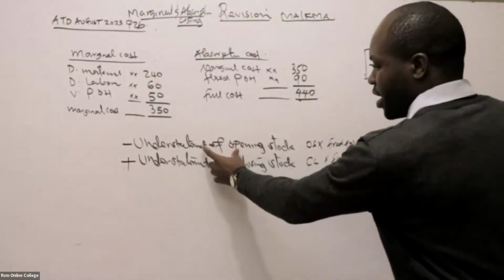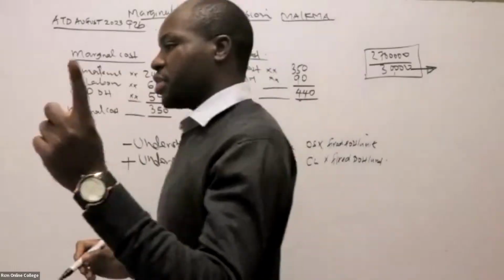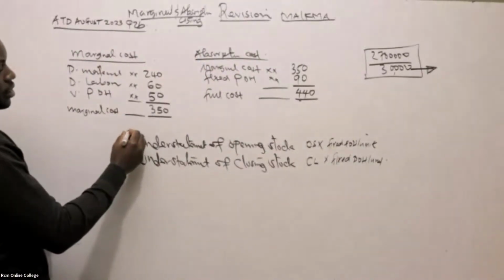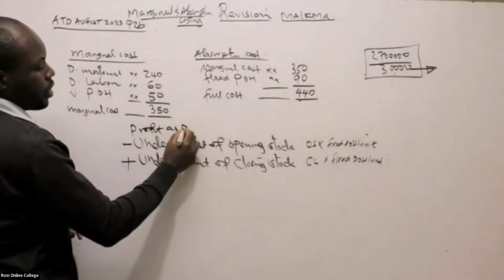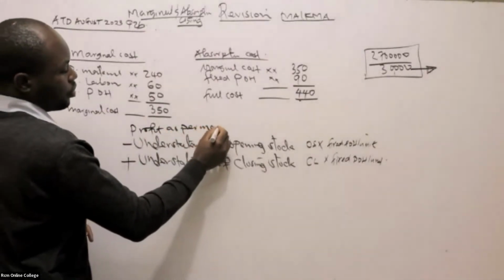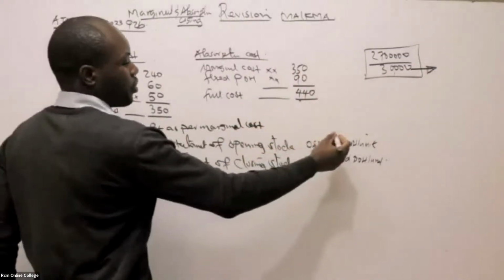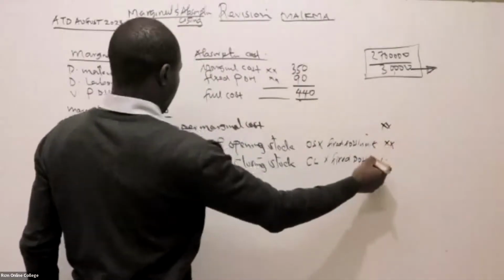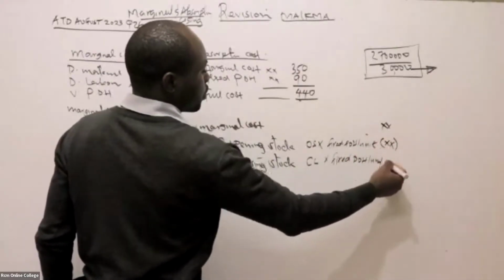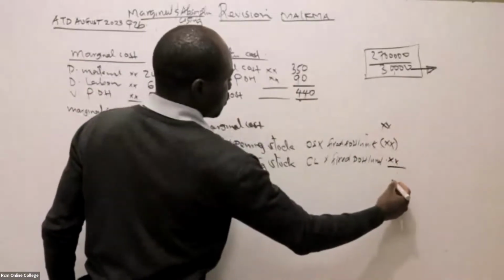Once you get what we have done under these two things, then we are basically doing what we call a reconciliation statement without knowing. So you give us profit as per marginal cost. Then you less understatement of opening stock, then you add understatement of closing stock.